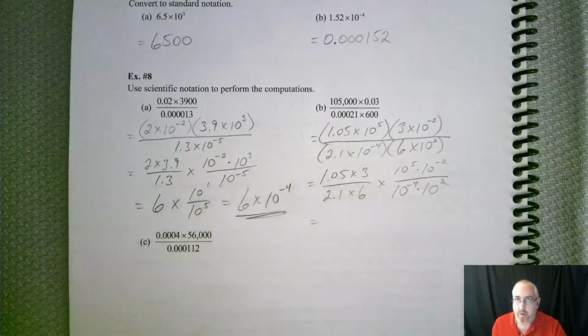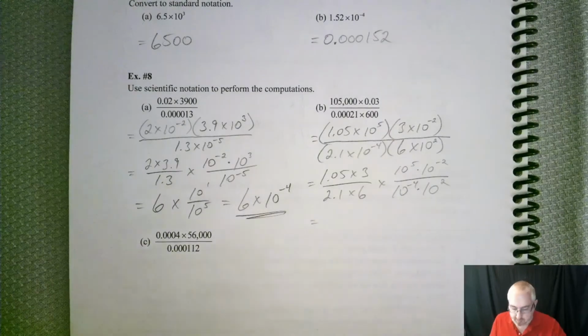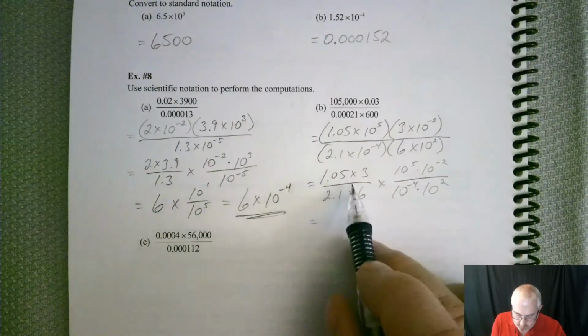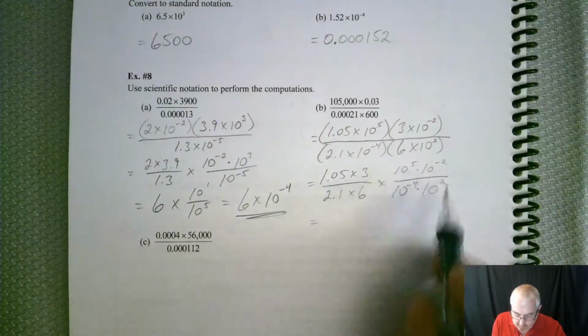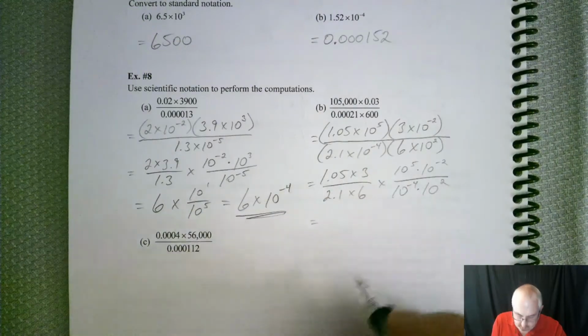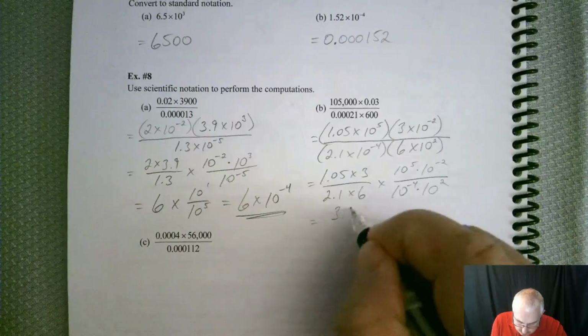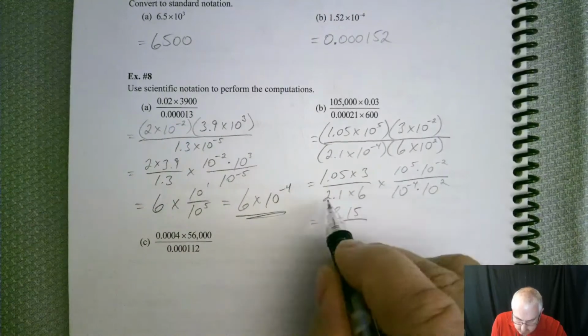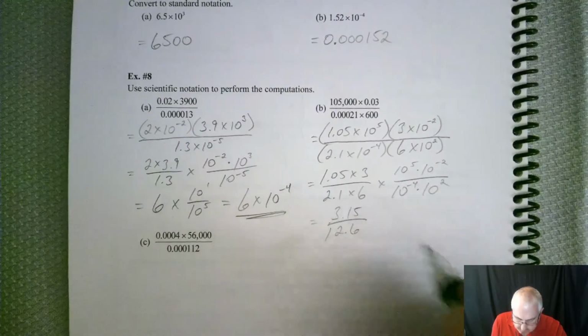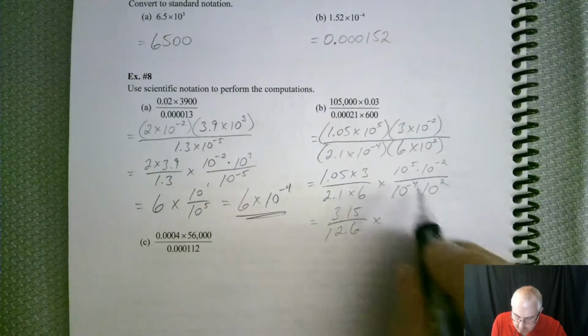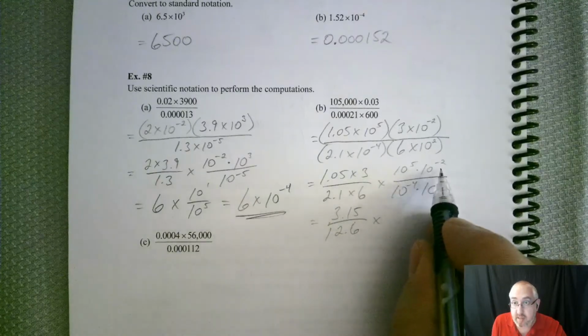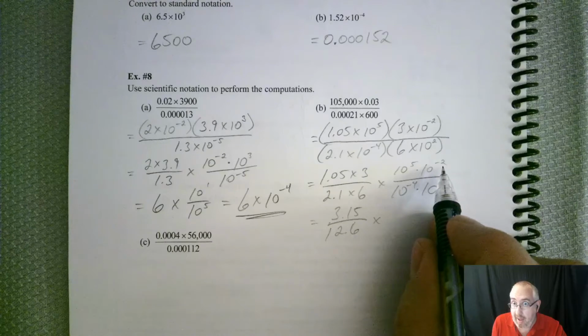Now, like I said, you can do this in as many steps as you need to, but if you can do a lot of combining on your own or in one step, that's great. Just be careful. So if we want to combine just the tops and the bottoms, let's see what we get. So 3.15 over 12.6. 10 to the 5th and 10 to the negative 2nd, so we got to add.